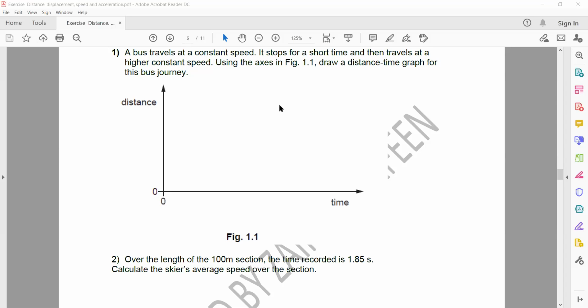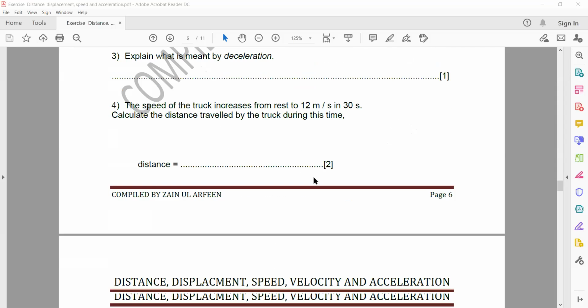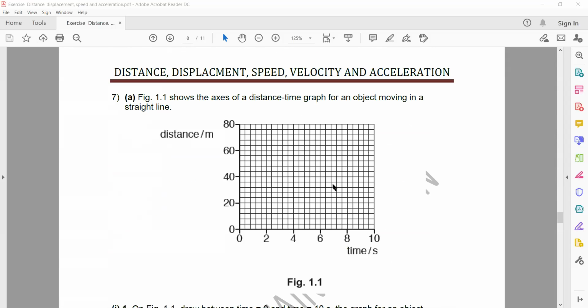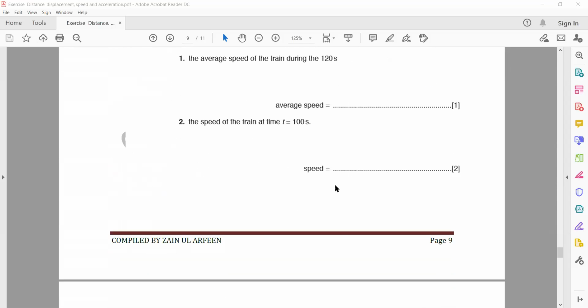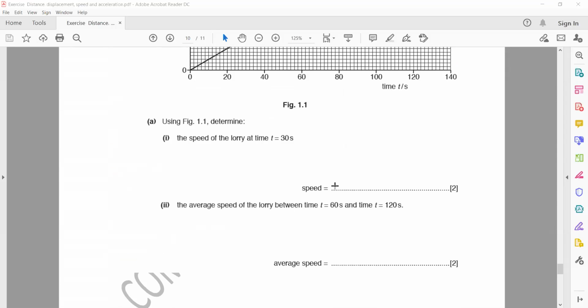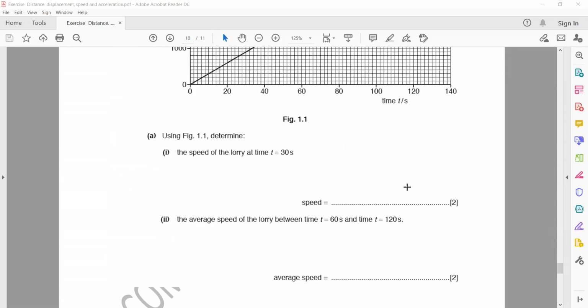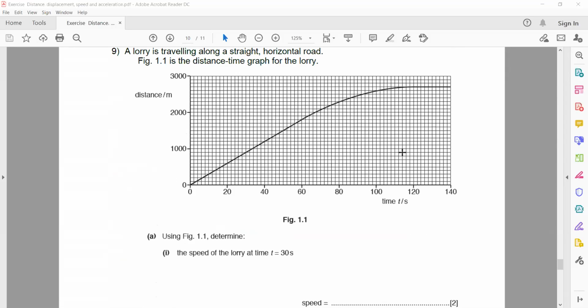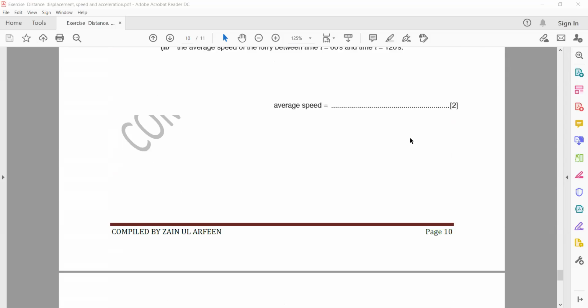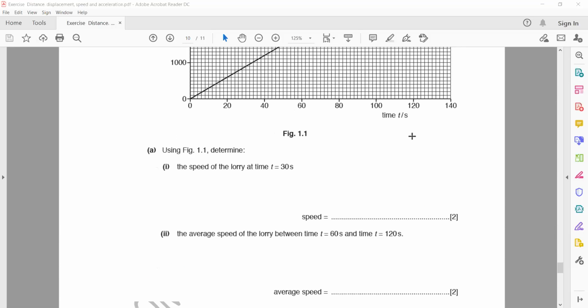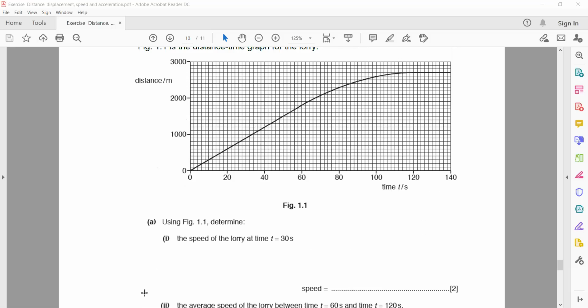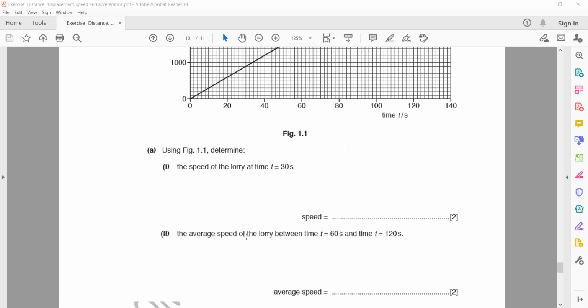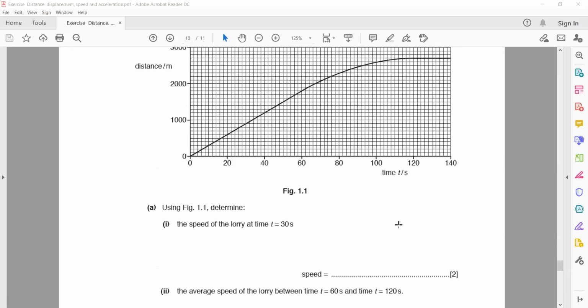Page 10, question number 9, part 2. How to find average speed? Determine the speed at 30, and then the average speed of a lorry from 60 seconds to 120 seconds.